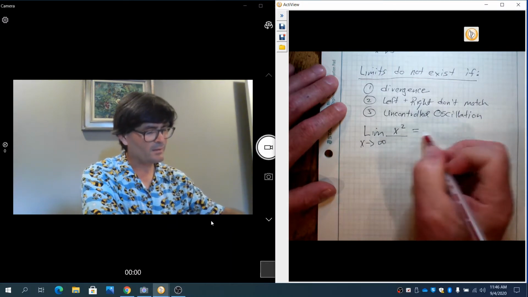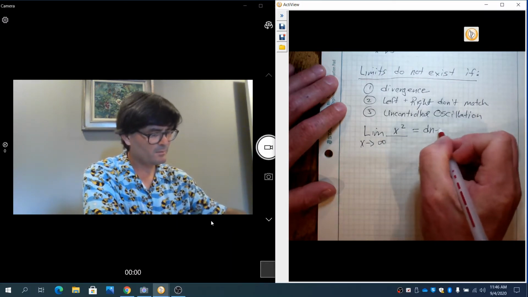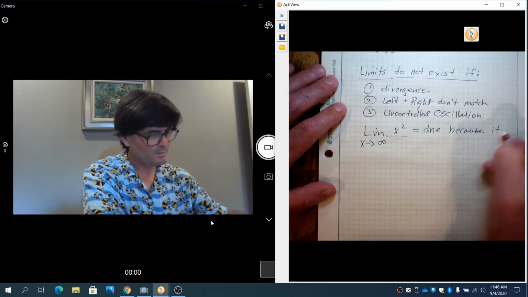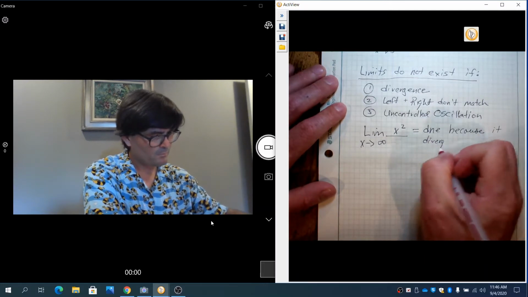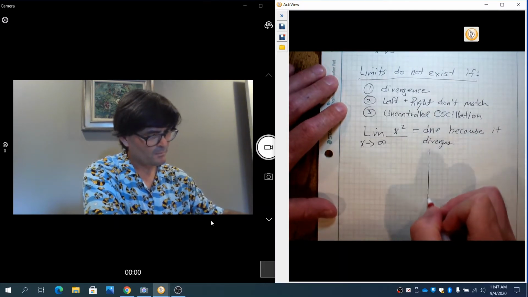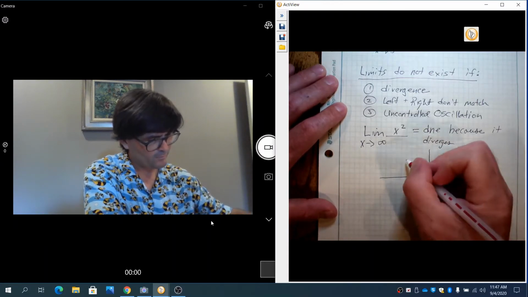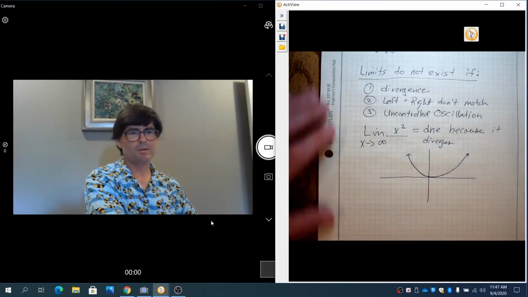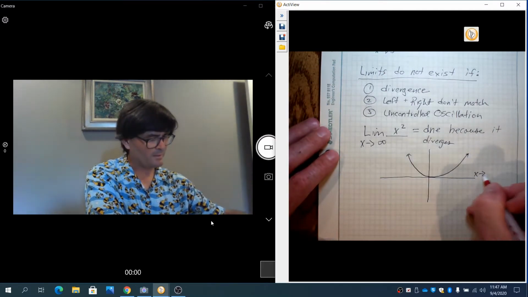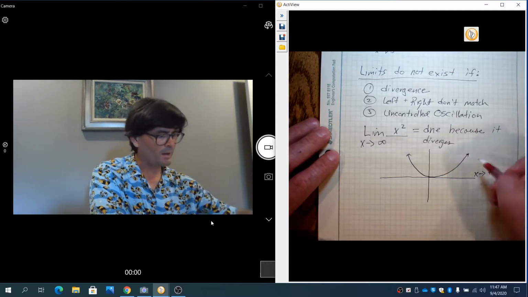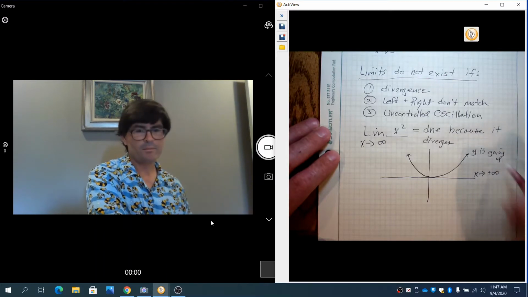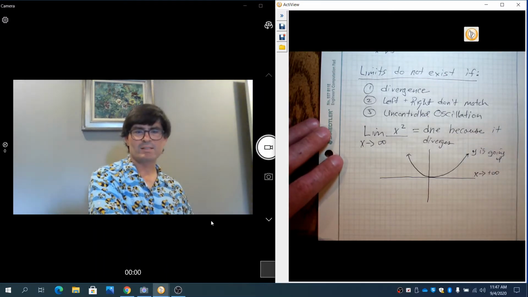It does not exist because it diverges. On the graph of this parabola, as x goes right, y is going up.